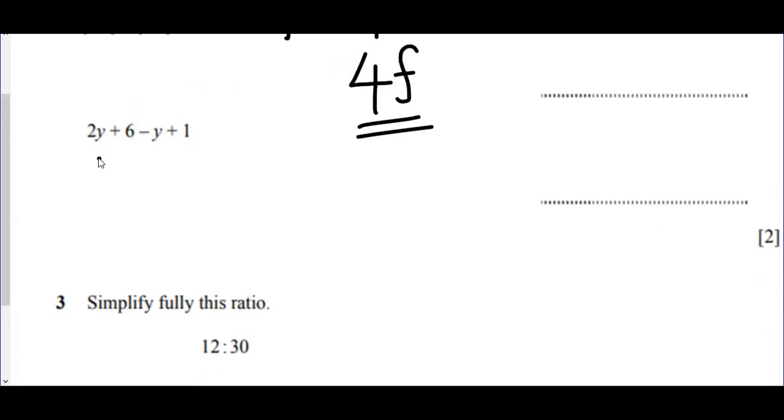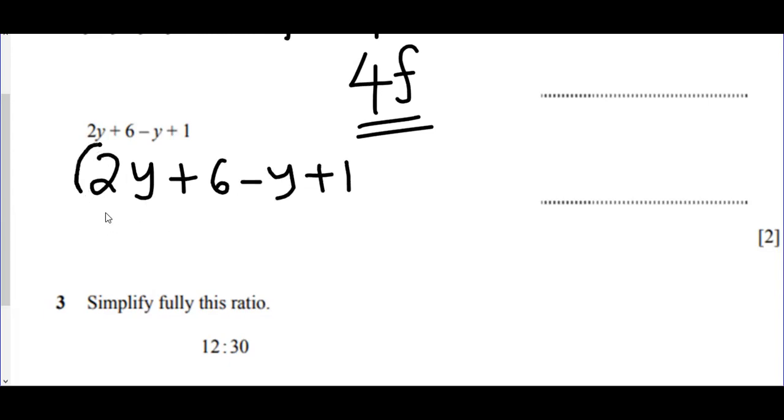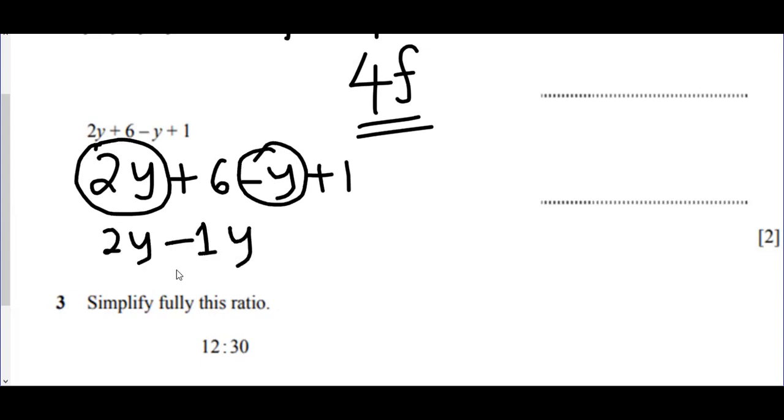So what do we do here? We collect like terms. We start with numbers with the letter. So you have 2y here, and you have minus y there. So in short, you write 2y minus. Now here there is no number, so we keep 1. So this becomes 2y minus 1y.